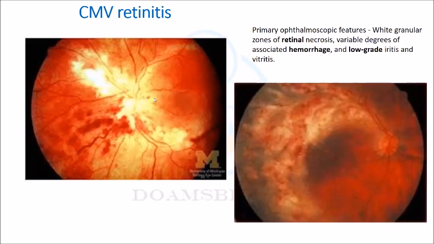Can it be confused with the hypertensive retina? Just think of the first picture. Can it be confused with the hypertensive retina? No, sir. Why? Maybe there is bleeding, and there is a damaged, white, ischemic retina. But where is the silver wiring?